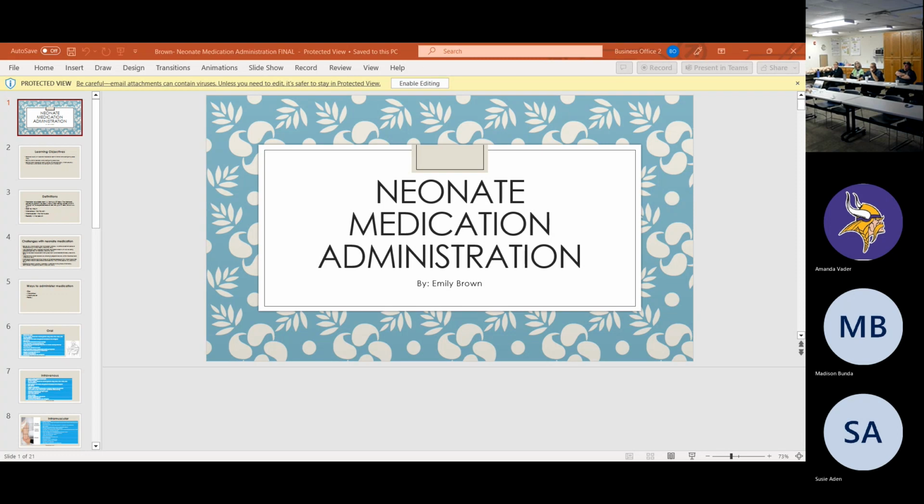Challenges with neonate medication. Oral delivery is not an option when the neonate is critically ill or not tolerating anything by mouth or not swallowing, because they can aspirate. Another is that most medications used in neonates have been formulated for adults, with very few packaged specifically for neonates.